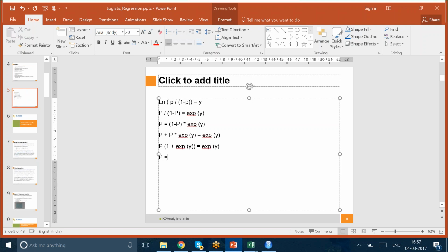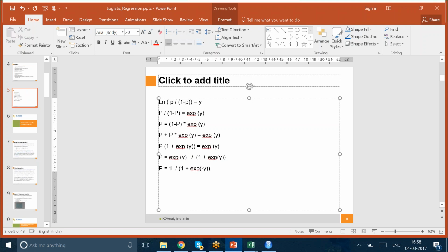P is equal to exponential y divided by 1 plus exponential y. Yes, this I can say is equal to 1 divided by 1 plus exponential of minus y.